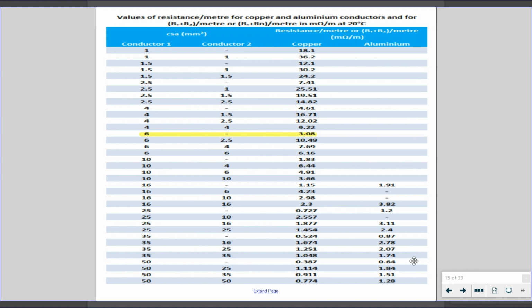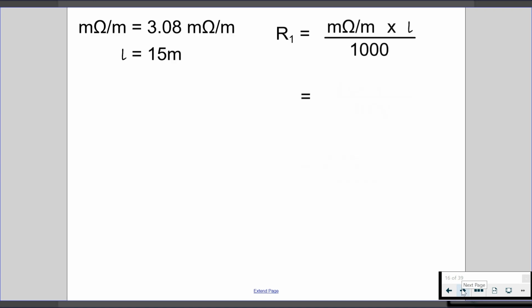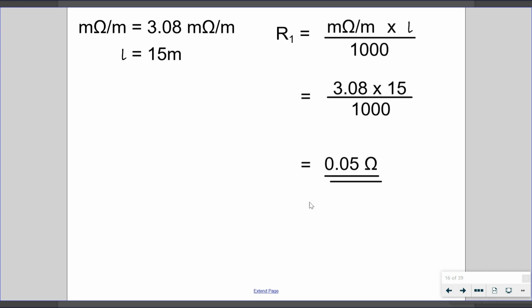You see it has a milliohm per metre value of 3.08, and we throw that into the calculation same as we did before. So we're now looking for R1, so we take that 3.08, multiply it by the 15 metres, and then divide it by 1,000. Okay, that gives us 0.05 ohms.